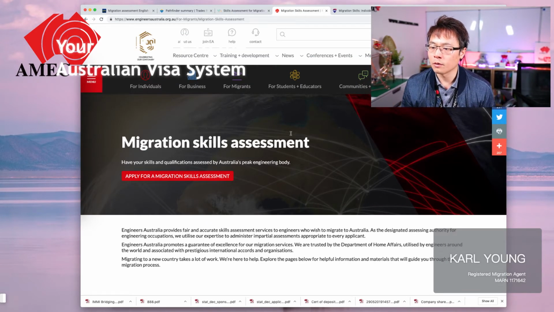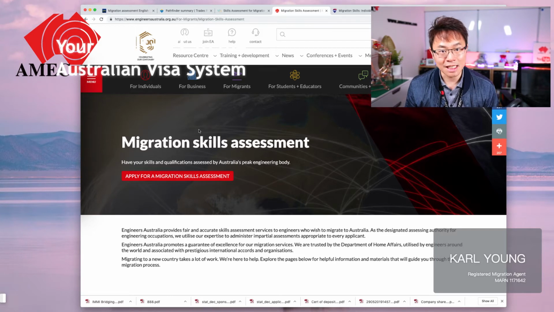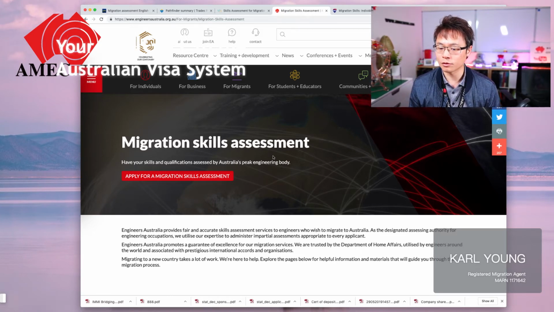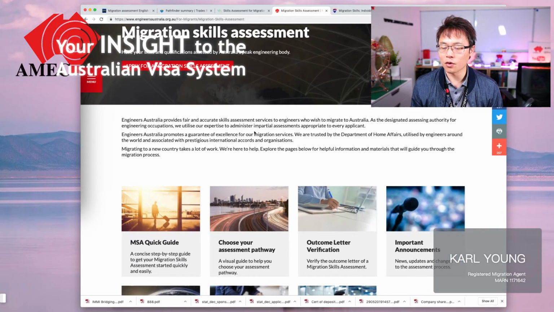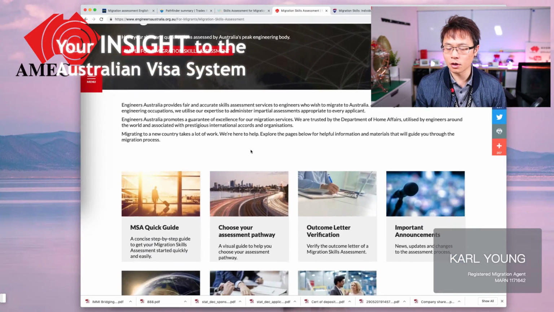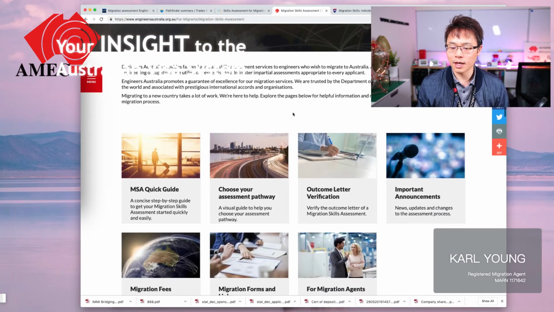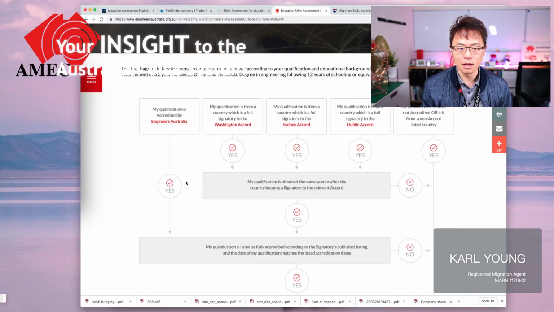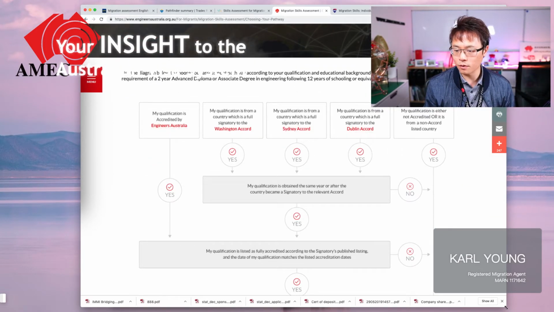Okay, now moving onwards, this is a bit complicated, where we go into the engineering skills. You have to go through Engineers Australia. There are so many different ways. Let me take it bit by bit. Once you land on this page, you will go to choose assessment pathway. As you can see, there are so many different ones.